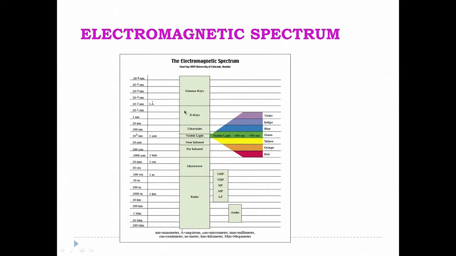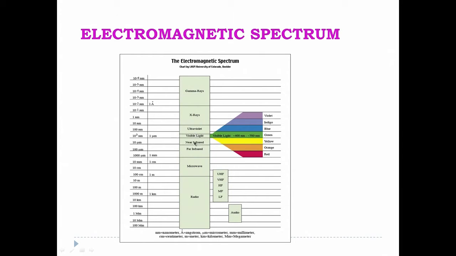So, part of the electromagnetic radiation is also composed of X-rays, and on the lower side I have ultraviolet rays, and then still going down you come across the visible range, which is a very small portion of the total electromagnetic radiation spectrum.